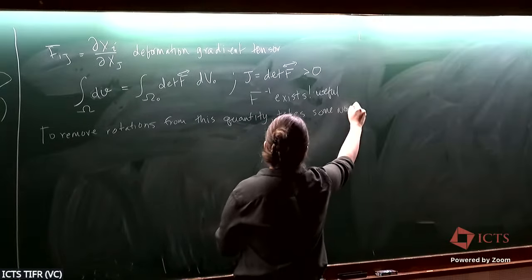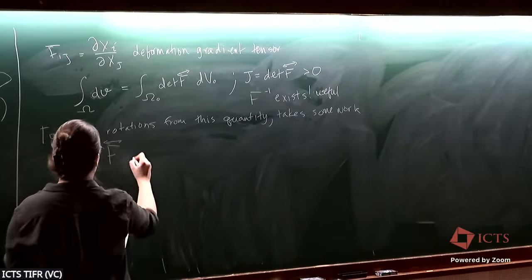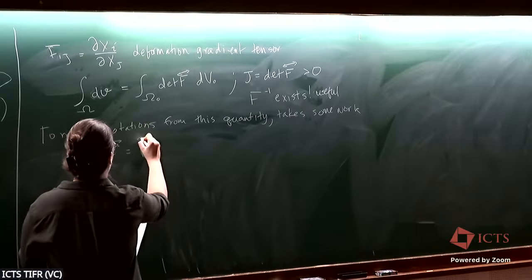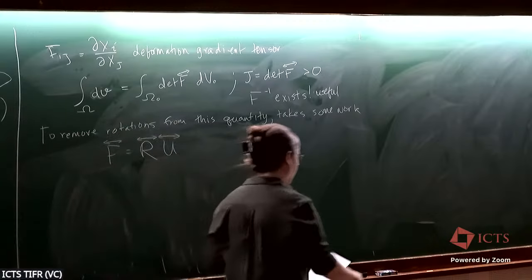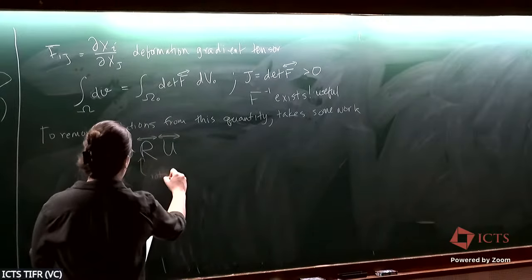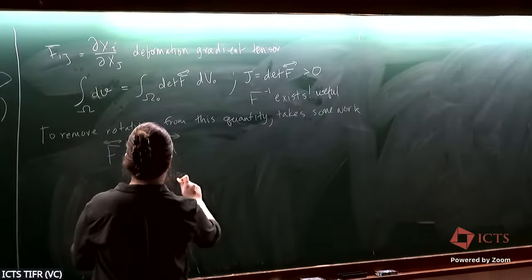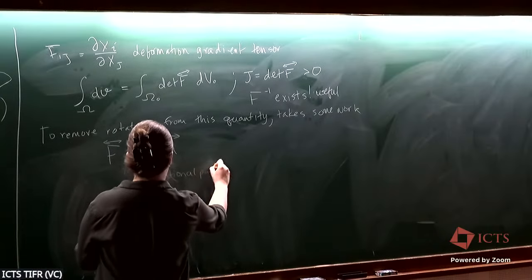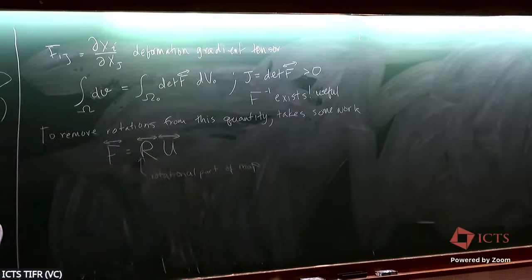Again, I won't present too much detail on this, but there is something very useful called the polar decomposition theorem, which allows us to write F as the product of the rotational part of the map times the rest of it. So we can peel out those rigid rotations.